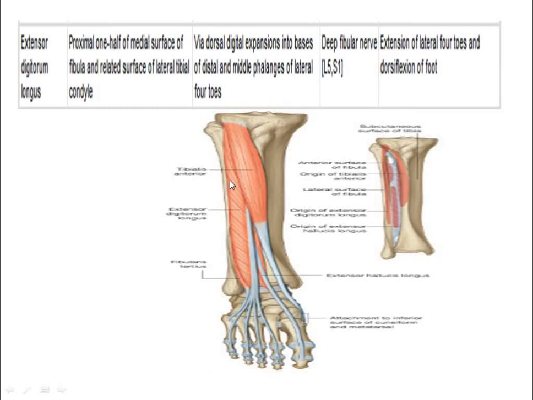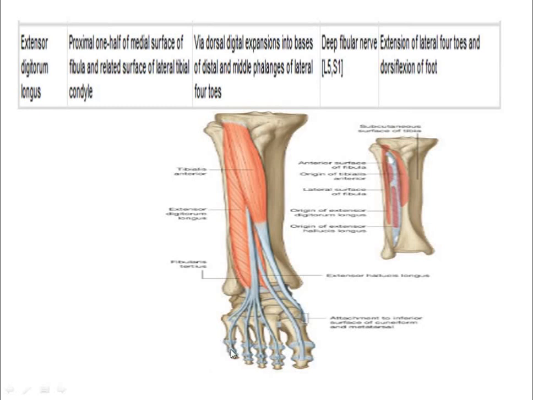This extensor digitorum longus traverses down under the two extensor retinacula and divides into four separate tendons for the four lateral toes. Via the dorsal digital extension of the toes, it attaches onto the bases of the distal phalanges and the middle phalanges.